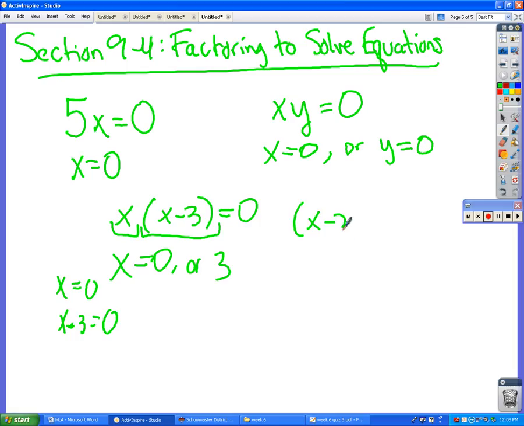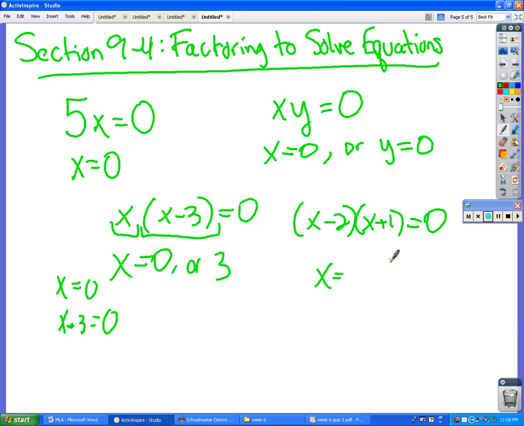What if x minus 2 times x plus 1 equals 0? What are the 2 answers that x could be to make that work? Nope. Because if I plug in 0 right here for x, is 0 minus 2 equal to 0? No. Is 0 plus 1 equal to 0?